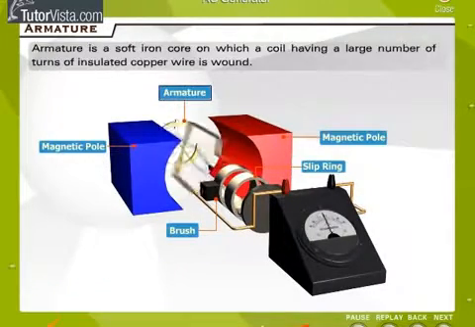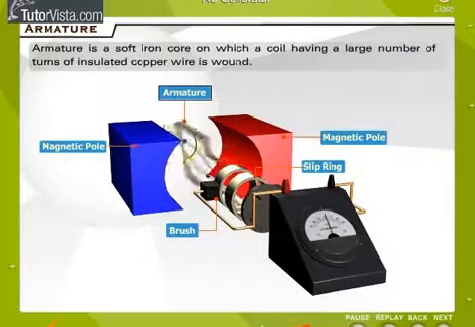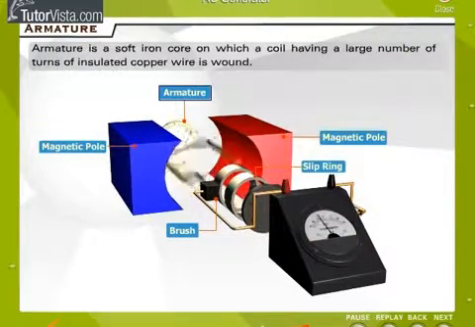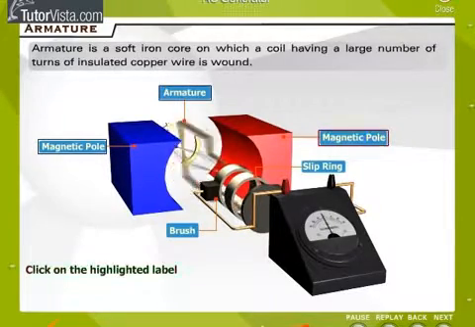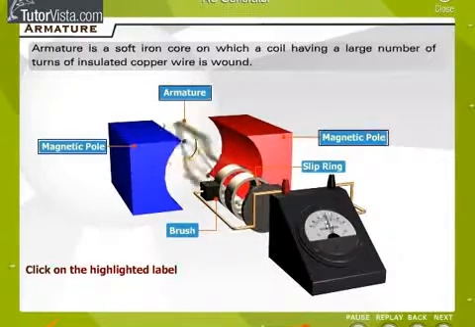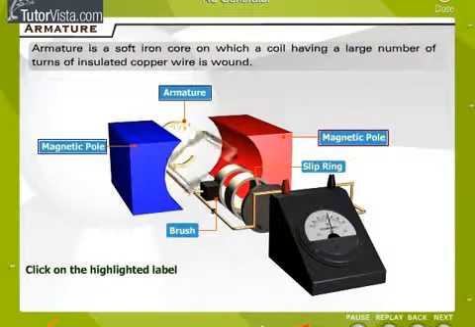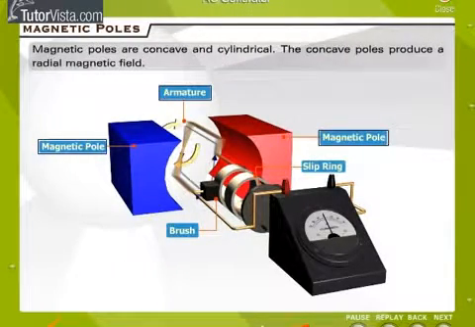Armature is a soft iron core on which a coil having a large number of turns of insulated copper wire is wound. Magnetic poles are concave and cylindrical.